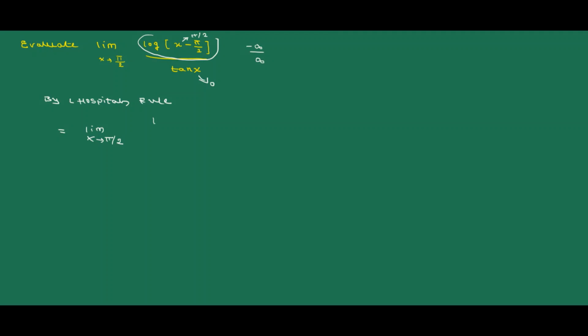It is 1 divided by x minus pi by 2 into differentiation of x, which is 1, divided by differentiation of the denominator tan x, which is sec square x. So still it is in the form of, if you put x is equal to pi by 2 and this x is equal to pi by 2.